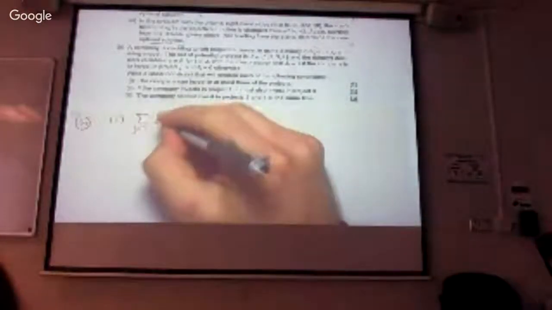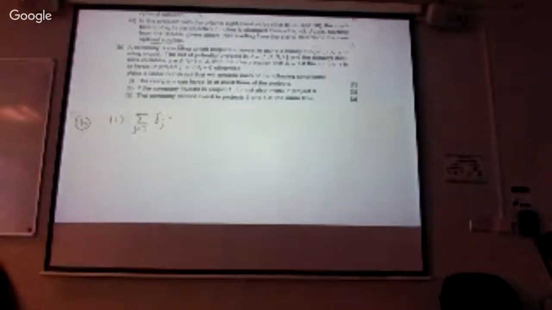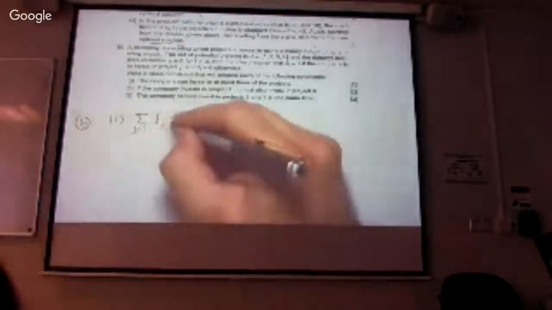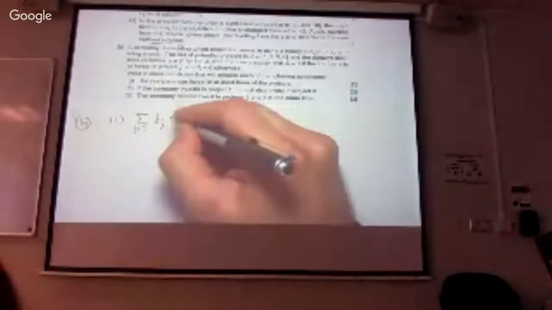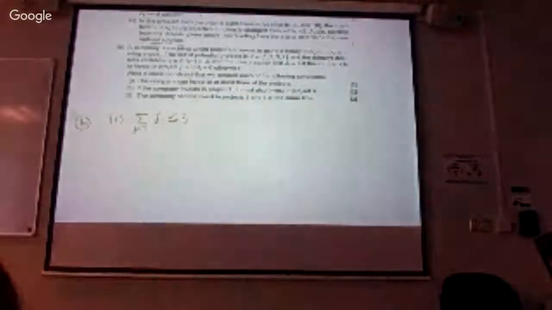Delta equals 1. Oh, 3, sorry. Equals 3. Yes, plus 2 equals to 3. Exactly.